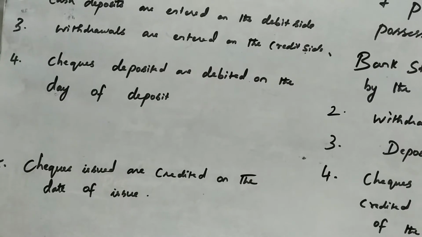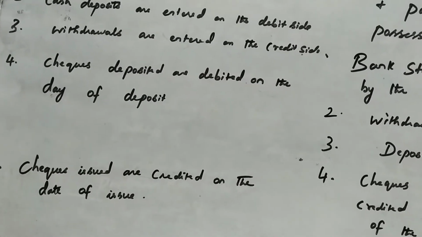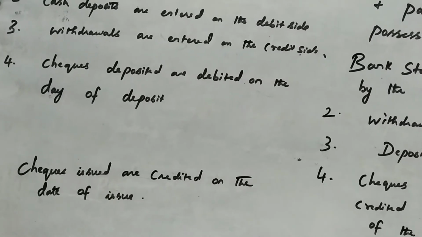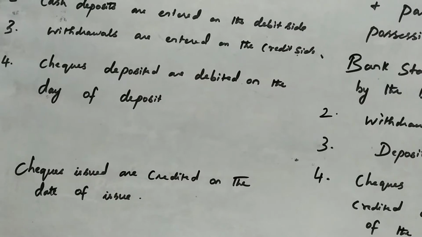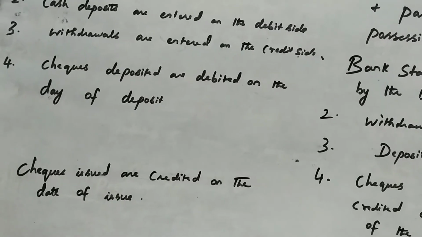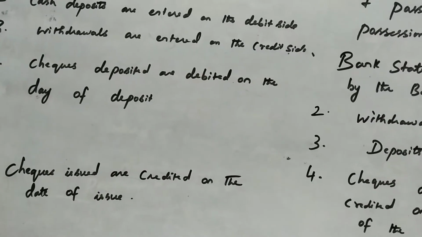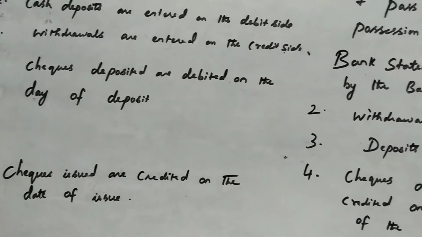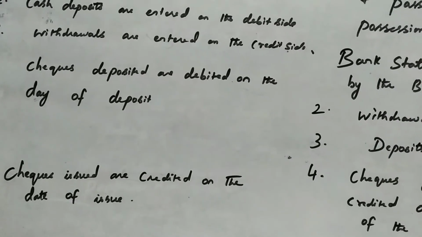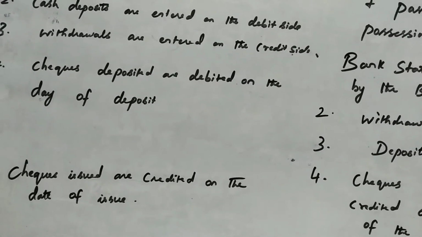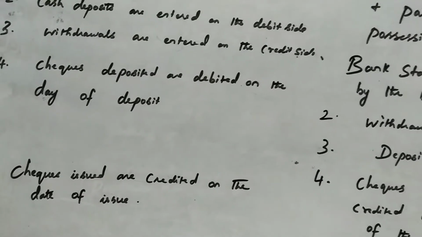So it is recorded on the credit side of my cash book. I have issued a check. So date on which I am issuing the check will be recorded in the cash book. Say for example, I am issuing a check on 1st of February. So in my cash book, on the credit side, on 1st of February, this transaction will be recorded.